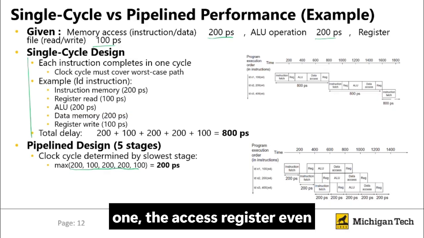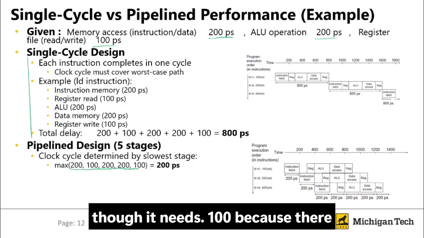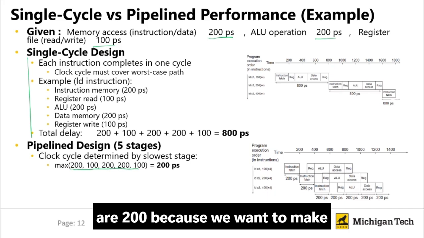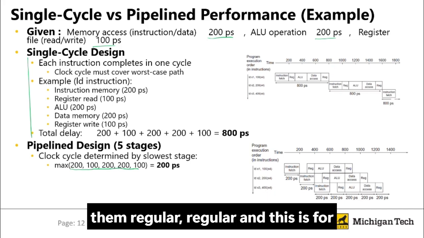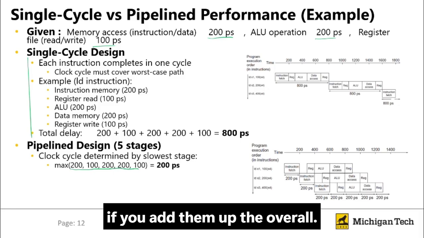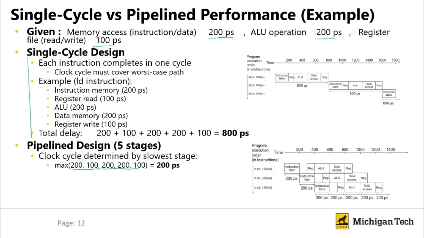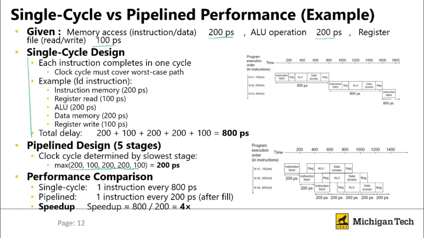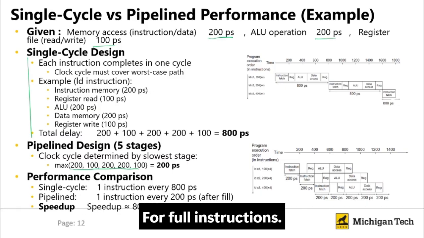The second one, we access the register. Even though it needs 100, we consider 200 because we want to make them regular. And this is for these 3 instructions.